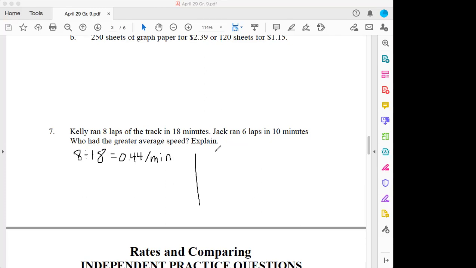Okay, and then Jack did 6 laps in 10 minutes. So you do 6 divided by 10. And that showed that Jack did 0.6 laps per minute. And so the person with the greater speed in this case would be Jack.